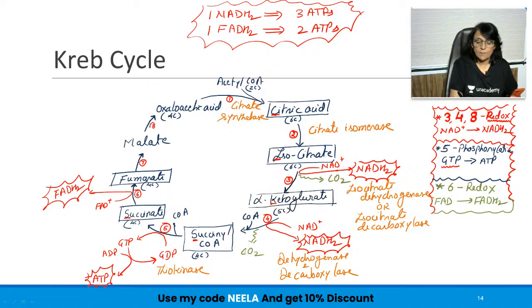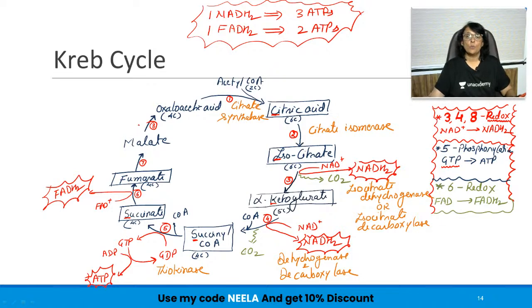This is step number 8. So we said that there are 8 steps in Krebs cycle, and in 3, 4 and 8, which are redox reactions, NADH2 will be formed. 6 is also a redox reaction where FADH2 is formed, and 5 is a phosphorylation where finally we will get 1 ATP.